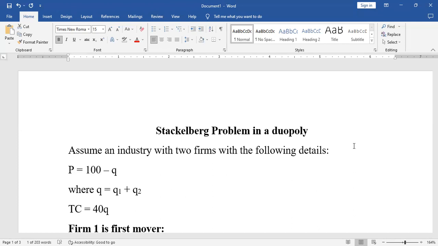But for a firm operating in perfect competition, its price, which is P, is equal to MC. Instead of marginal revenue, it's P being equal to MC for a firm operating in perfect competition.